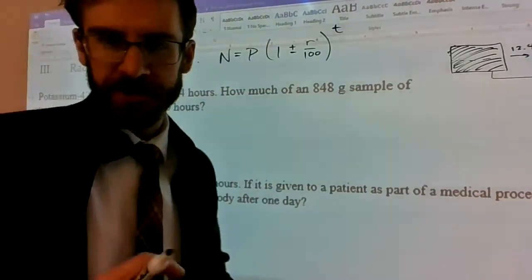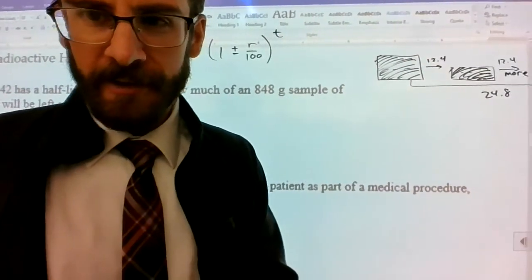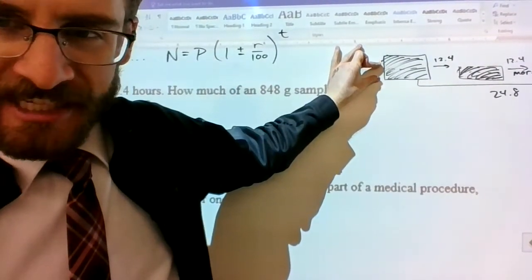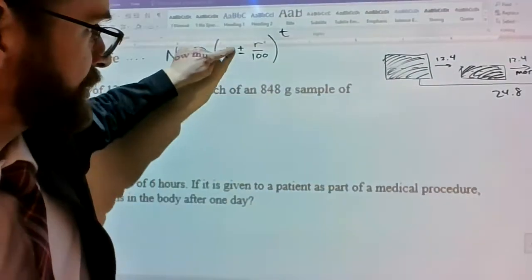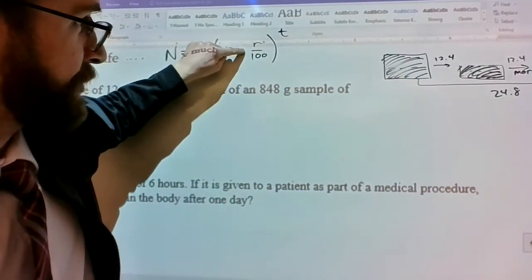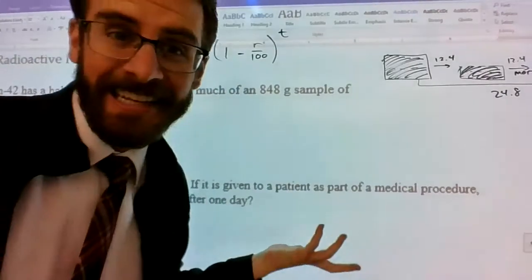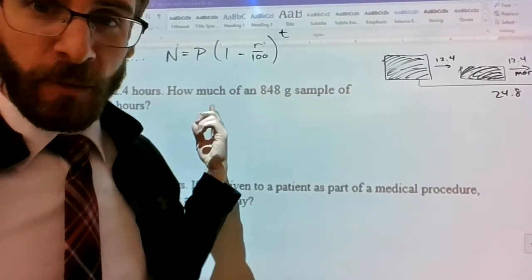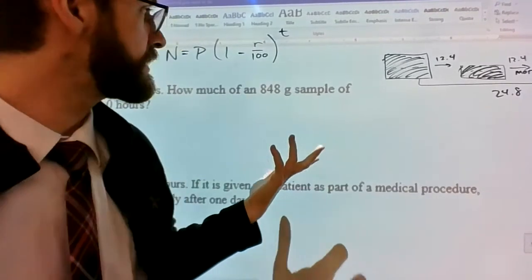So here's my first question. A half-life means what's the rate of decay? Because right now we can just say the plus is gone. Yeah, it's decaying. Okay, so for the half-life equation, you can instantly just get rid of the plus.